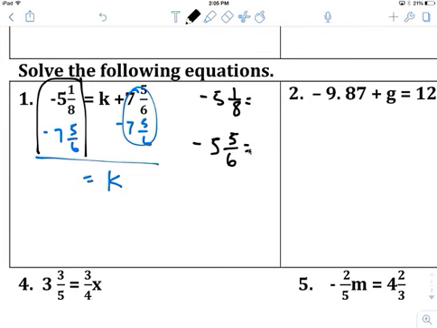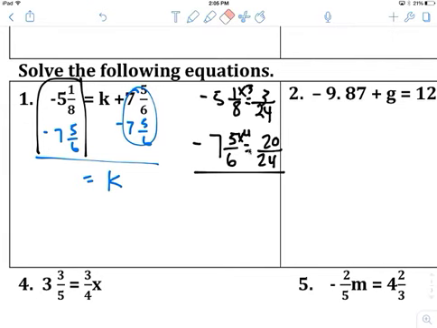Least common denominator is 24, because both 8 and 6 can go in. 24 times 3 is 3, times 4 is 20. Oh, look, I did this wrong. The 7 needs to go on top.